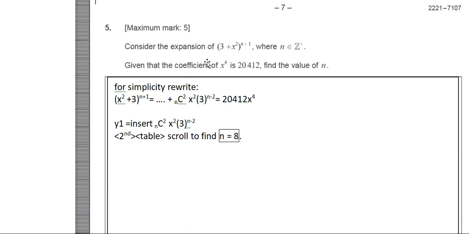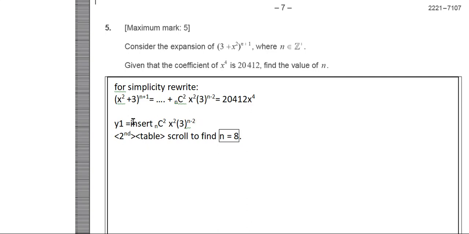Question 5. Consider the expansion. Given that the coefficient of x4 is so much, find the value of n. So you imagine that you are expanding and you have some element with x4.